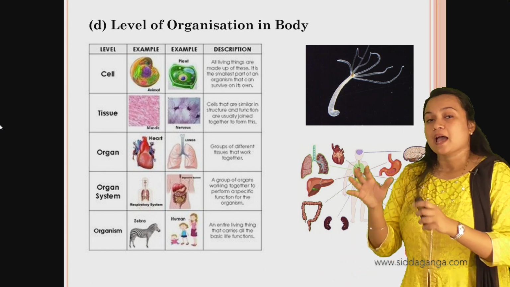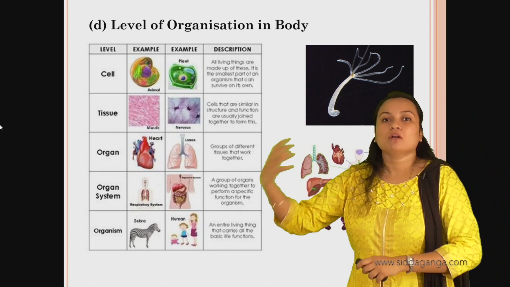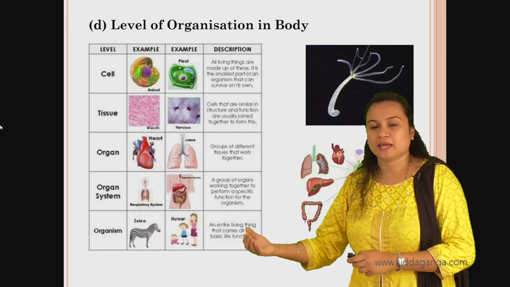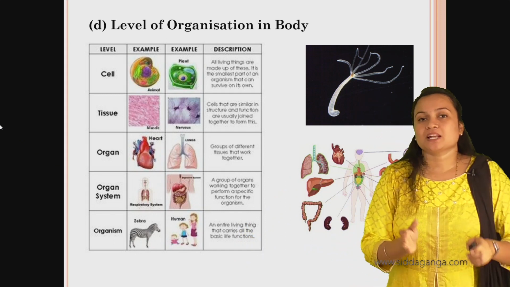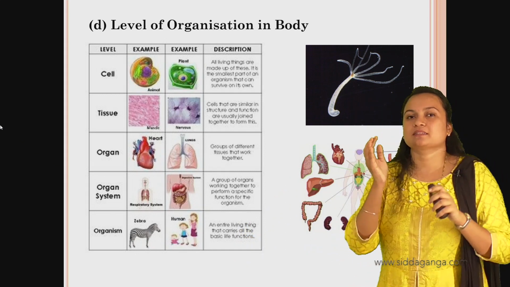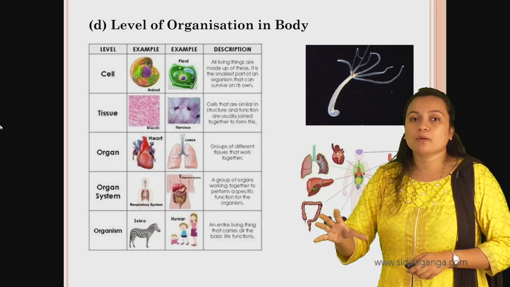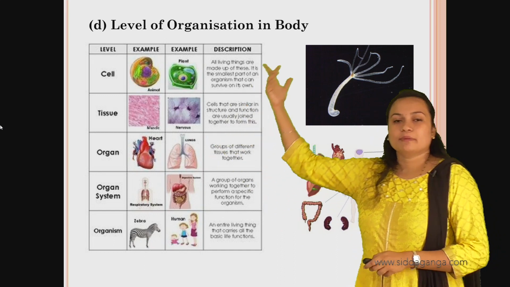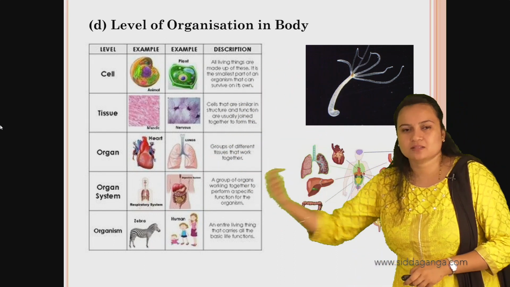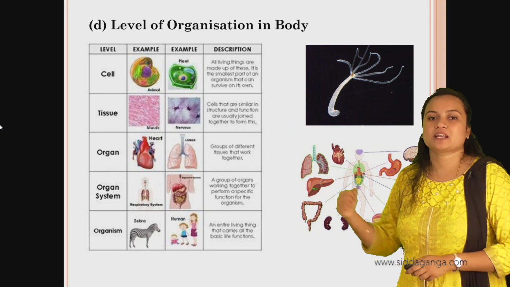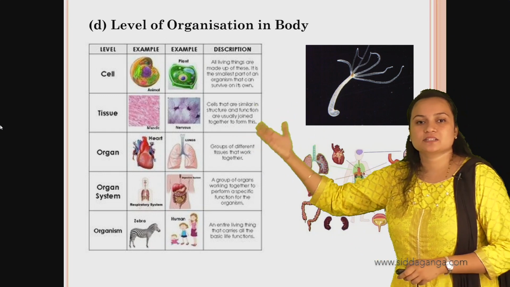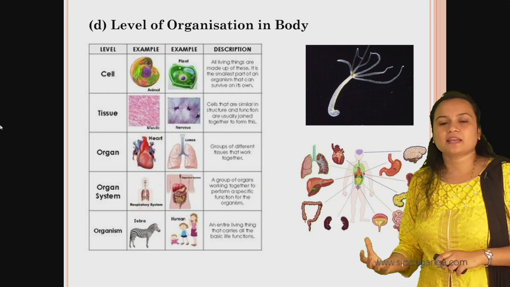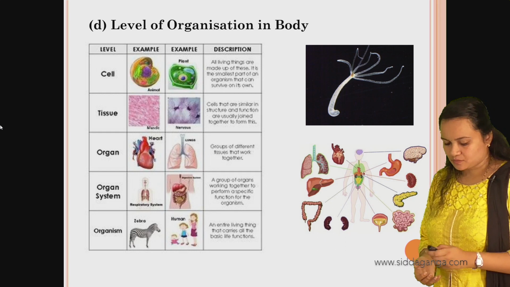As multicellular organisms become more complex, they have specialized organs or specialized structures to perform specialized functions. So based on whether the organism is at cellular, tissue, organ, or organ system level of organization, we can classify the organisms.